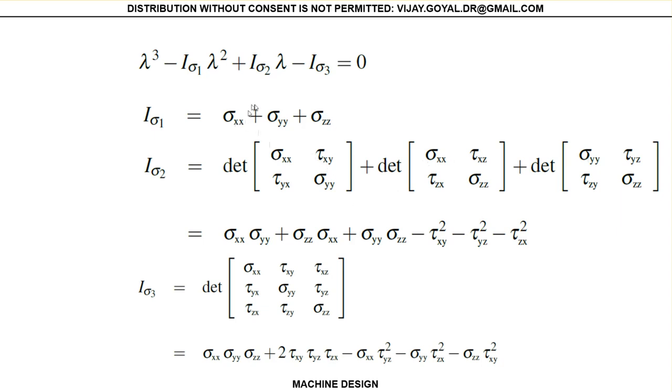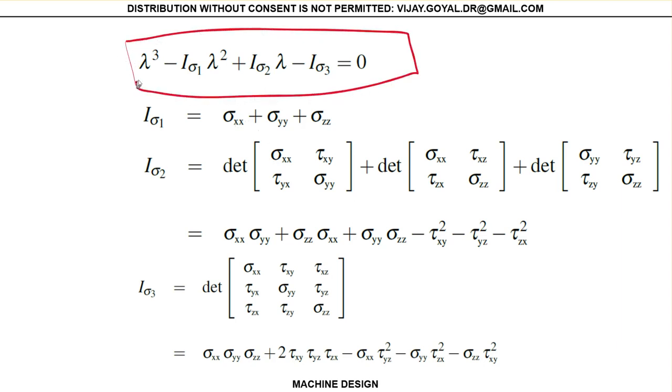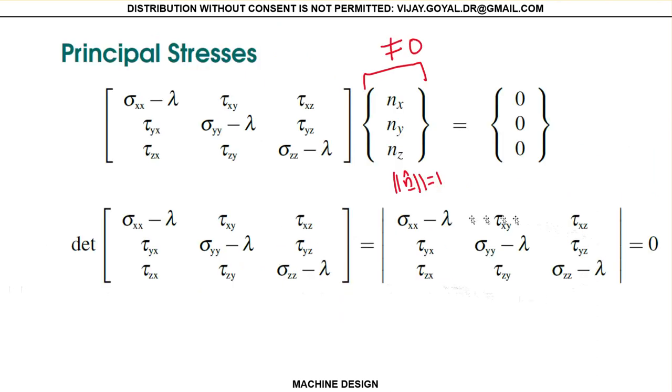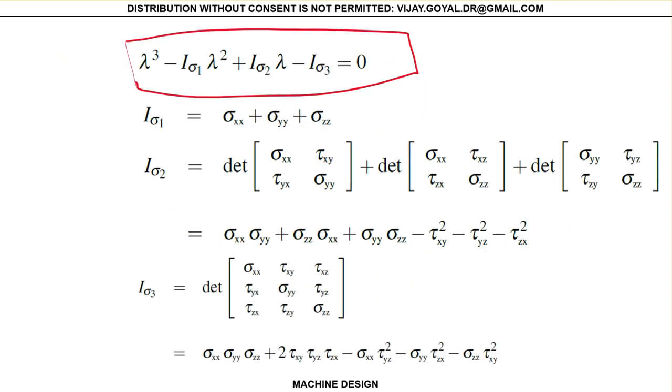So I express this equation in the following manner. This is called a characteristic equation. And again, where does this equation come from? It comes from taking the determinant of this. So when we do this, and knowing the fact that these are symmetric, you can simplify to this and you can simplify to this.